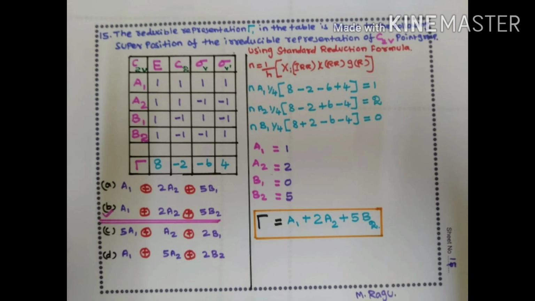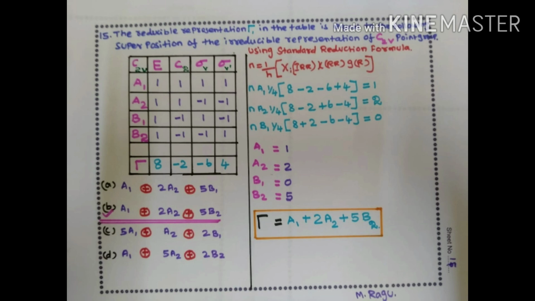E is the identity. C2 is the axis of rotation, a 180 degree rotation. Sigma means planar symmetry. There are three types of planar symmetry: sigma V, sigma H, and sigma D. Here we have sigma V and sigma V prime.